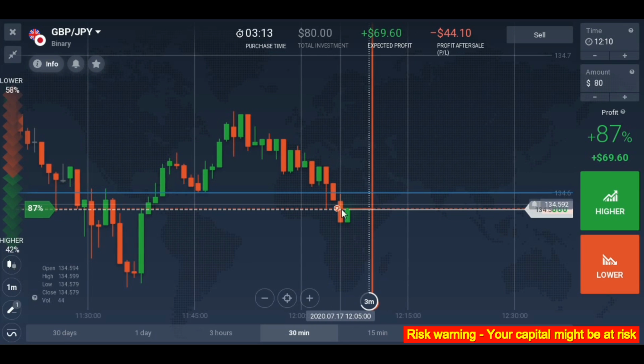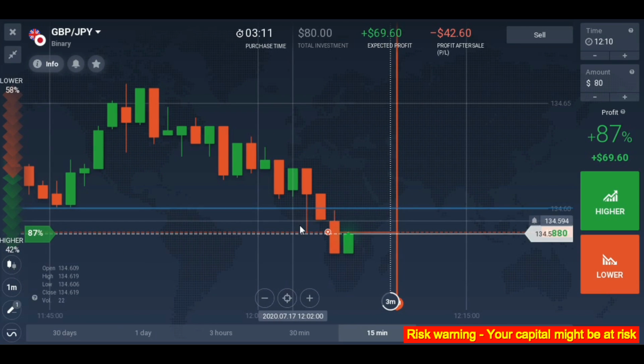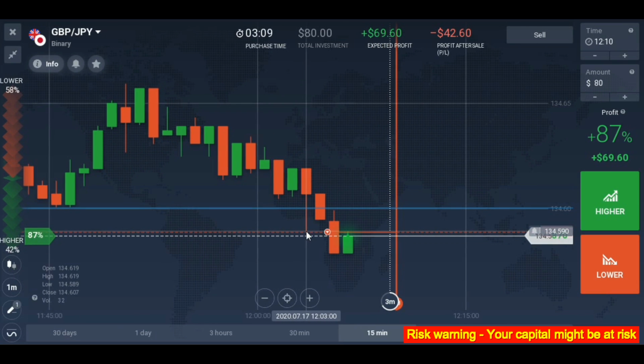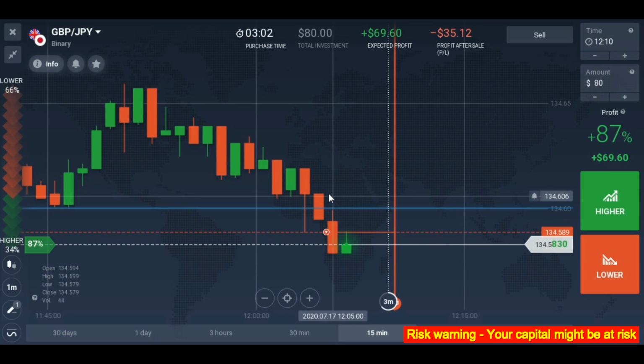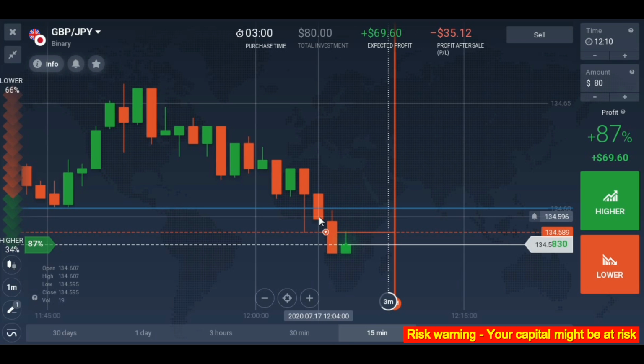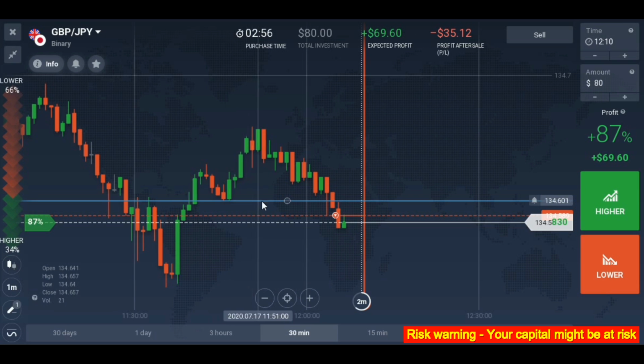The momentum is also there. This wick shows that the buyers are here, but the next candle shows that buyers are losing their strength. You can see there is no wick, no sign of buyers in that particular candlestick, even when there is a clear support level.